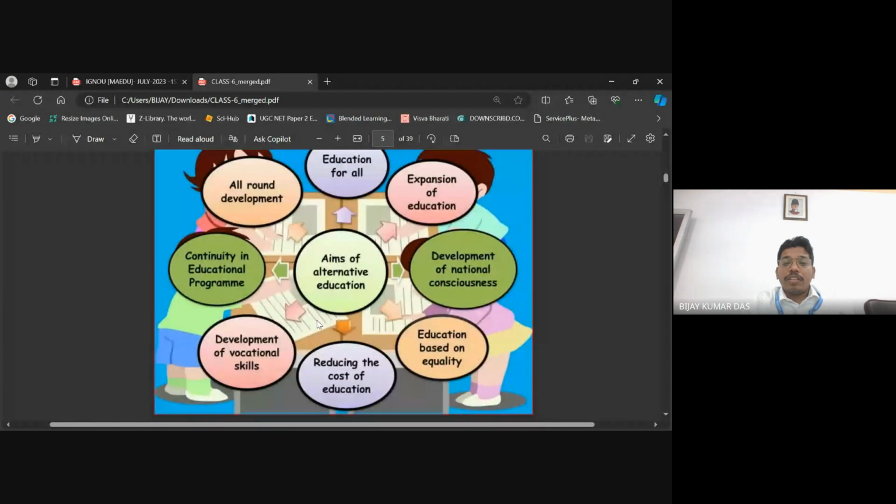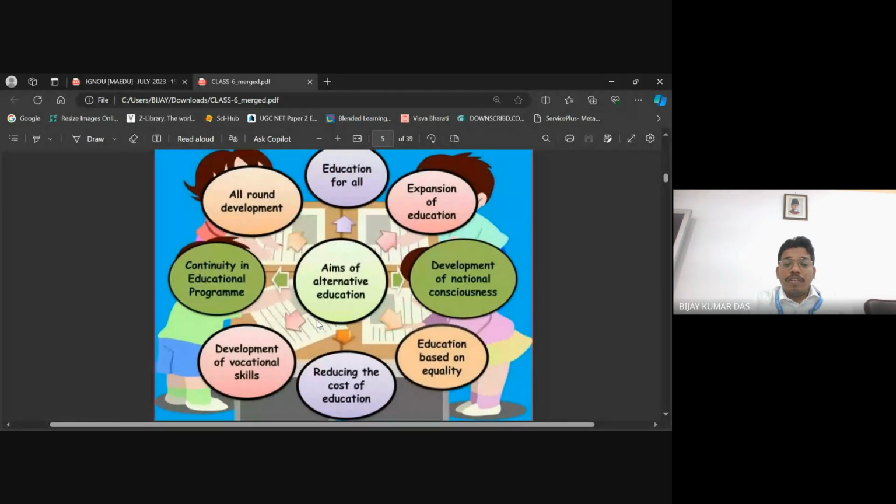Then see actually the aims of education here. The aims of what kind of education? The aims of alternative education. It is making education for all, without any kind of bias, without any kind of strictness, without any kind of barriers, with any kind of admission criteria or any issues.